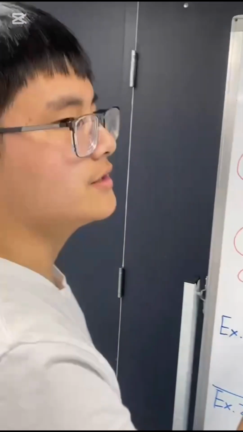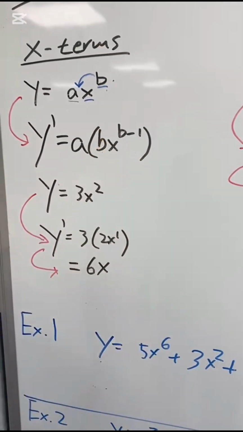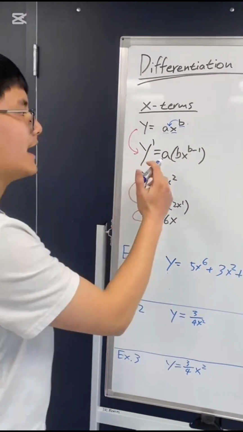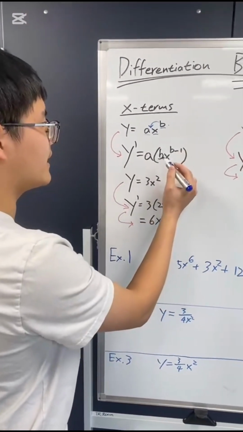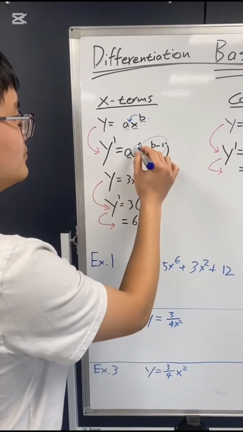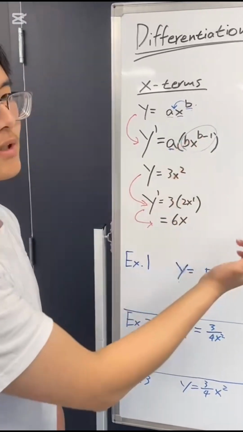So whatever b is, you subtract 1 from it and keep that in the exponent part. As for the a, the constant, you just leave that in front. So a times bracket whatever I just talked about with the b, like b minus 1.